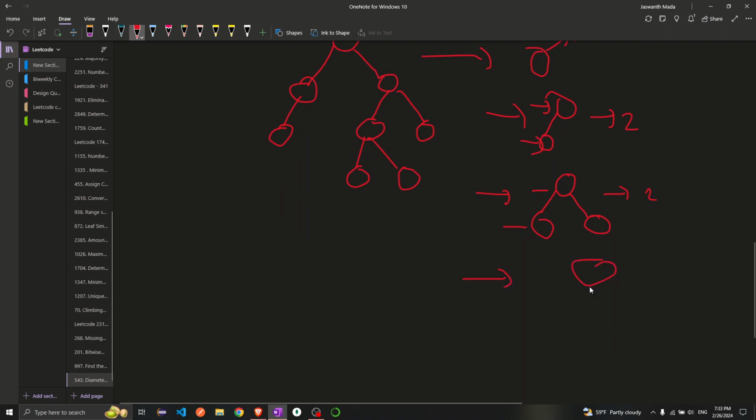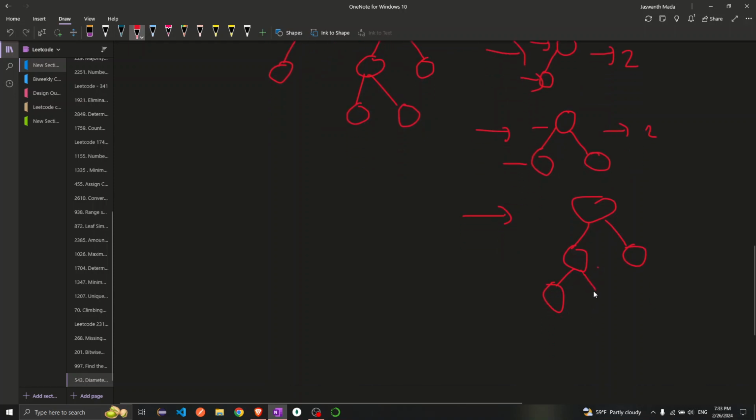Suppose if we have something like this, what is the height of the entire tree? It is the maximum path from the root to the node, right? So it is 1, 2, and 3. The maximum height is 3.